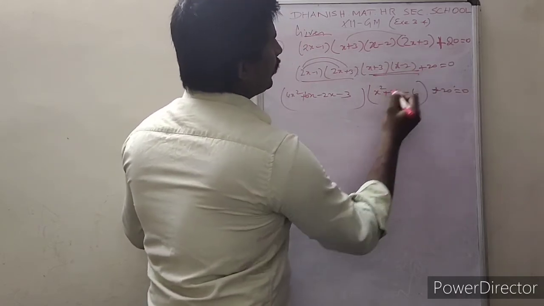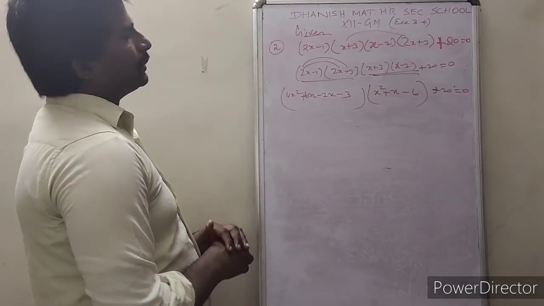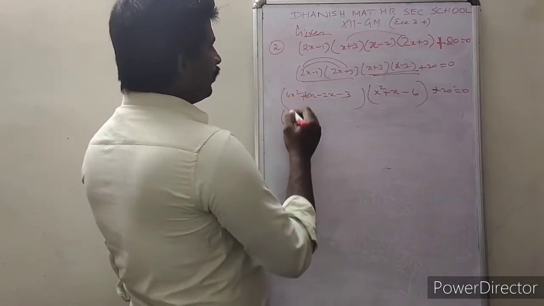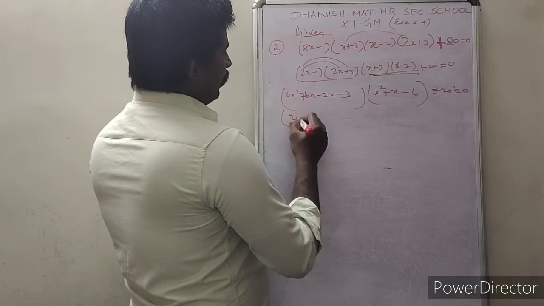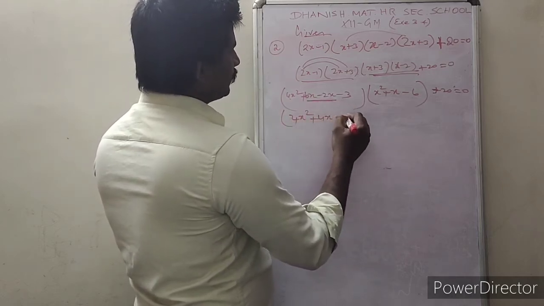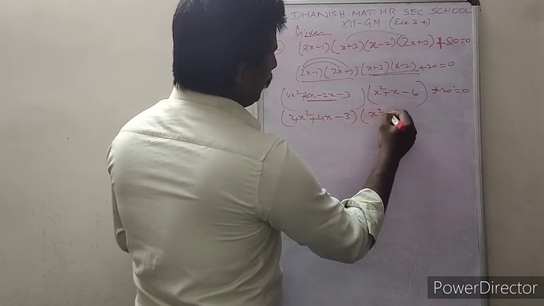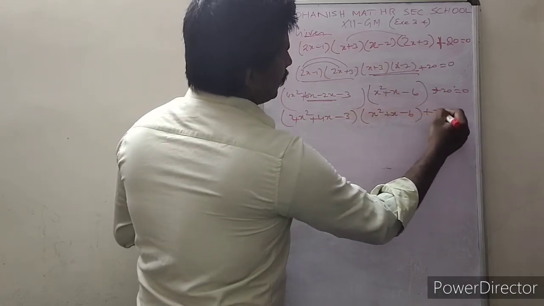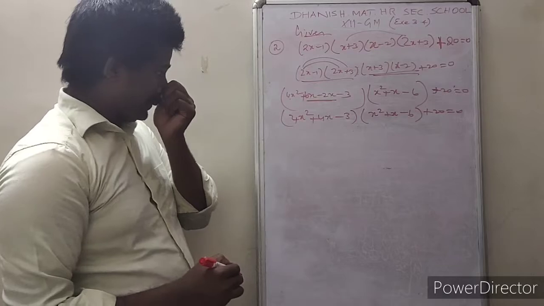If you multiply these two, you will get x square plus x minus 6. Now here, 4x square, if you subtract these two, you will get plus 4x minus 3, into x square plus x minus 6 plus 20 equal to 0.